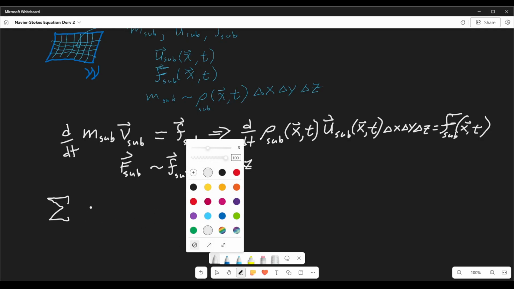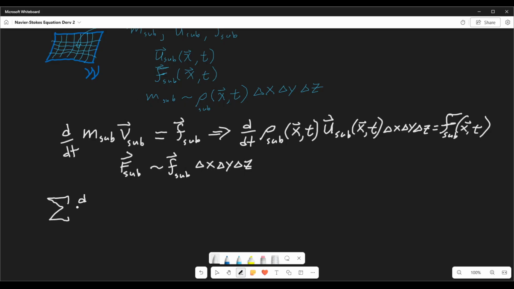And summing over all these little squares times this equation will basically apply Newton's laws to this volume W. So for each of these little squares in the volume, this equation basically holds.